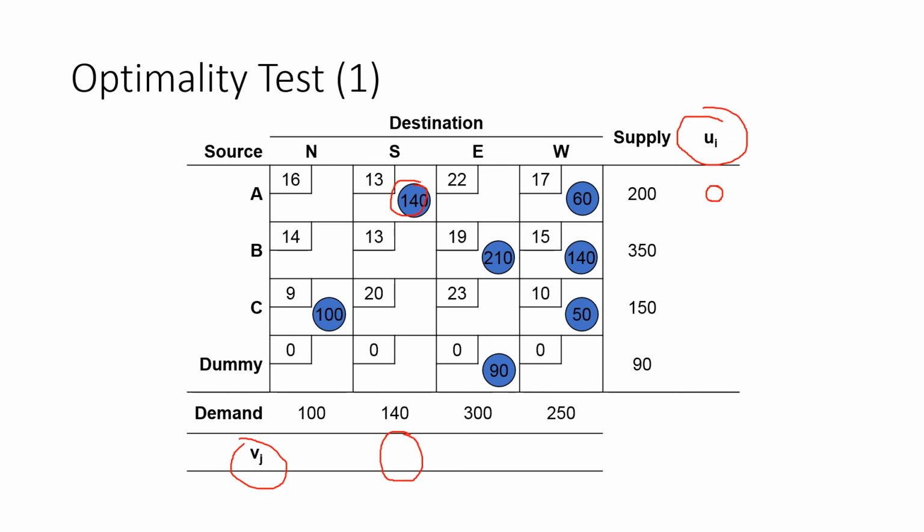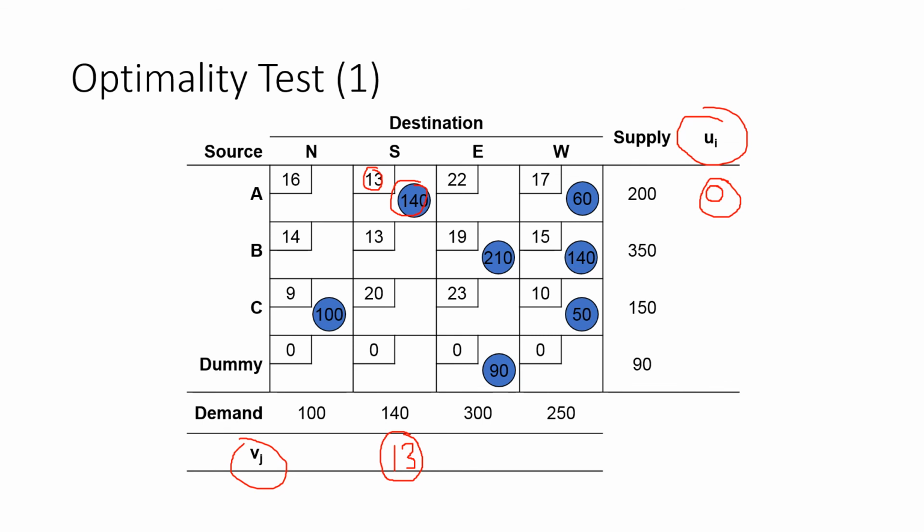So that means 0 plus 13 is equal to this 13. ui, this one, which I by assumption started to be 0, plus something equal to 13. This something is 13. So I continue doing so until I find all the ui's and the vj's, which are the dual variables or the multipliers they are called sometimes.